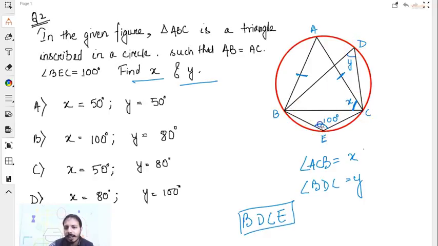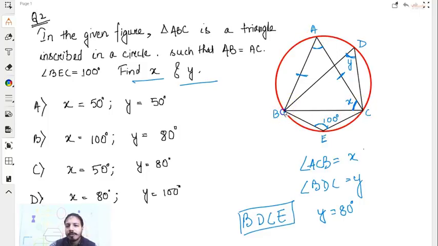So if this is 100, this will be 80 because the sum of these two will be 180. So directly I got that Y will be 80. Now if Y is 80, this is also 80 because this is also a cyclic quadrilateral.